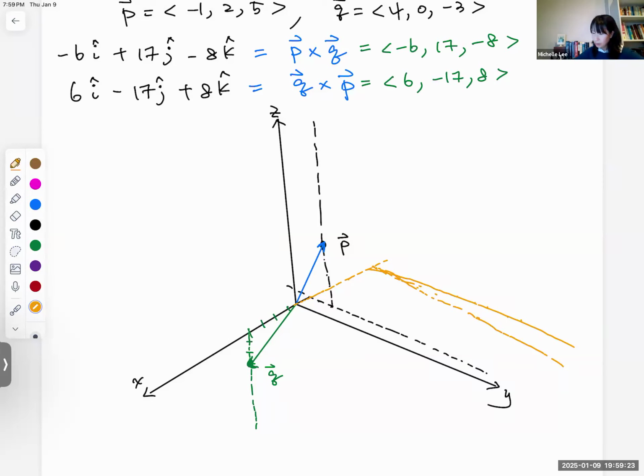Oh, too far. 17. Just make approximate to 17. Then negative 8, way in the bottom, right? I'm not sure, but let's just make an approximation. So there will be the cross product of P and Q.